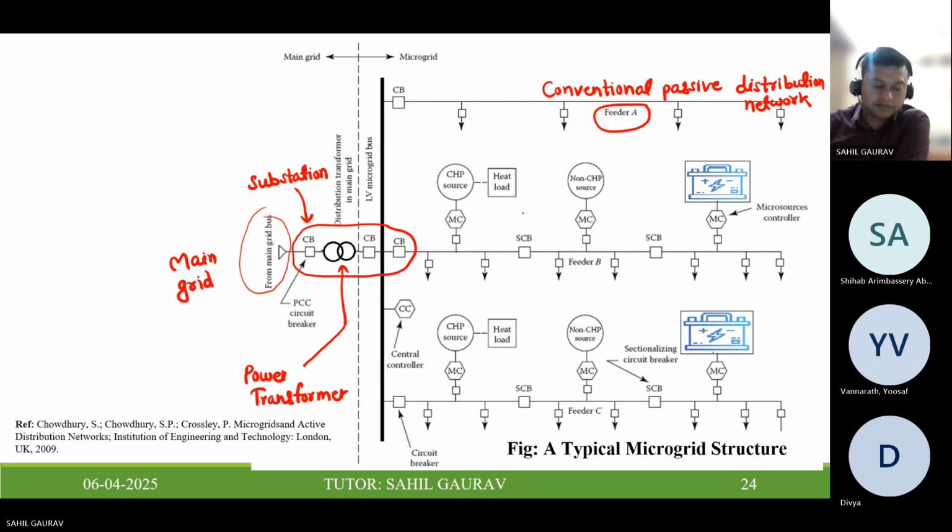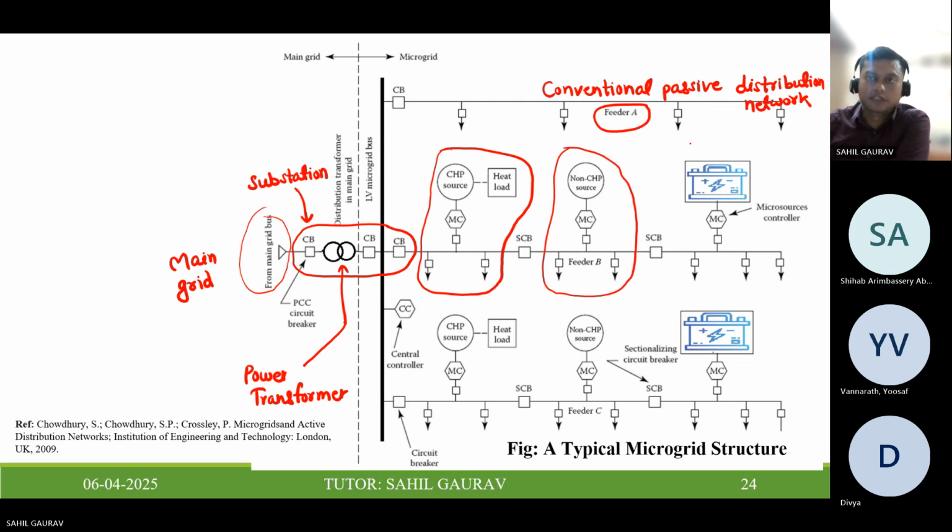So these are MC, meaning microgrid. So this is one microgrid that is connected to this feeder B, and this is another microgrid, and this one is another microgrid.